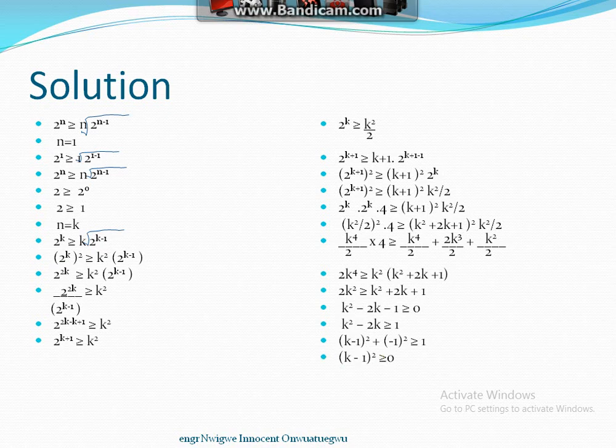Therefore, in bracket k minus 1 raised to the power 2 is less than or equal to 1. Then we have in bracket k minus 1 squared is less than or equal to 0. k minus 1 is equal to 0. Therefore, k is less than or equal to 1.